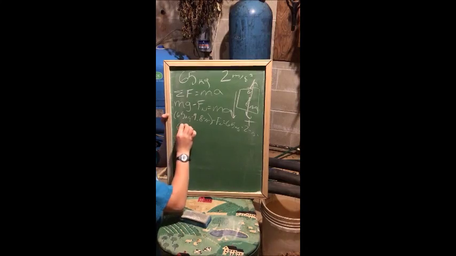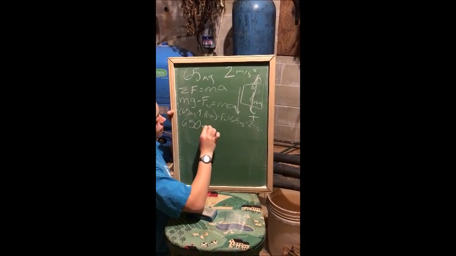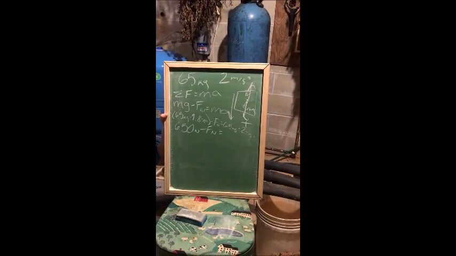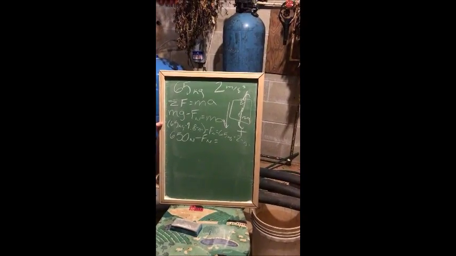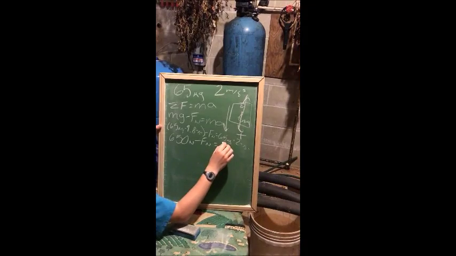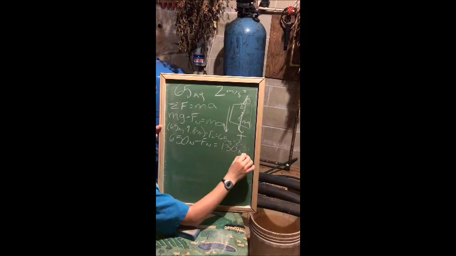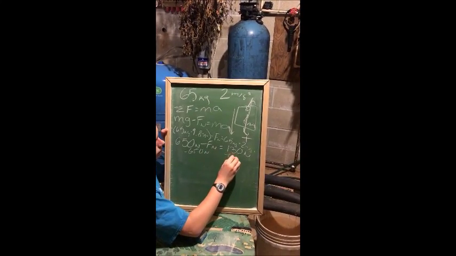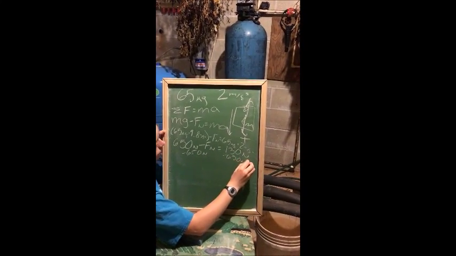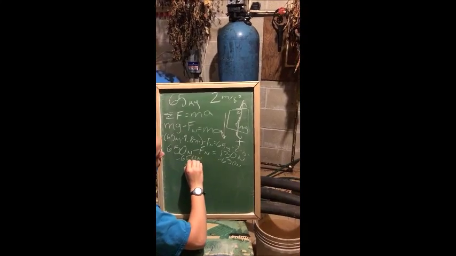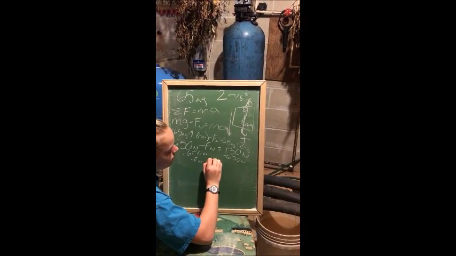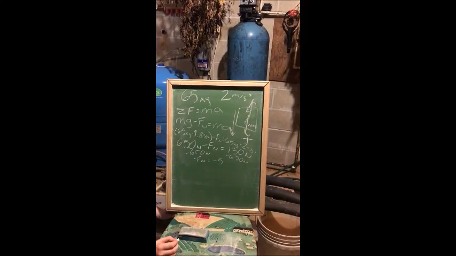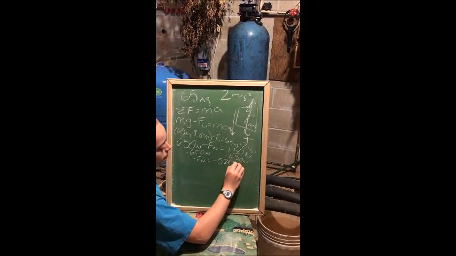And then we get 650 newtons minus Fn equals 130 newtons. We subtract 650 newtons from both sides. And then we get negative Fn equals negative 520 newtons.